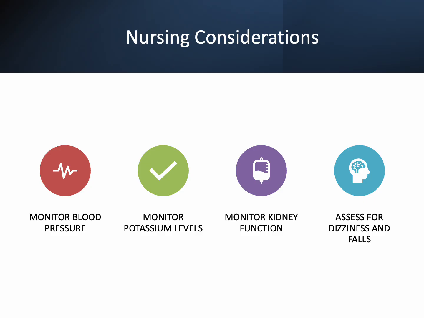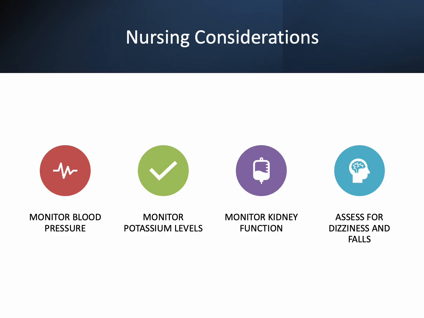So nursing considerations: monitor the blood pressure always, monitor potassium levels, and also the kidney function as well. When you're monitoring kidney function, you're seeing if this medication is actually helping to improve that kidney function. So that's for dizziness, and this is increasing falls because you have an increased risk for orthostatic hypotension, feeling lightheaded, dizziness, increases falls.